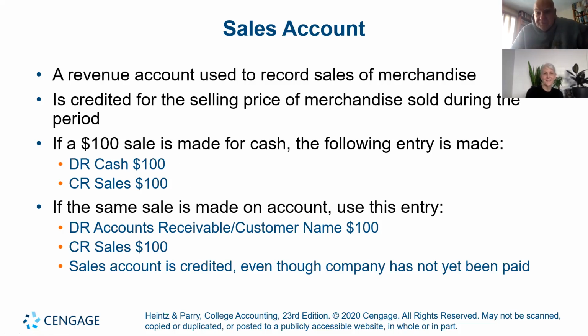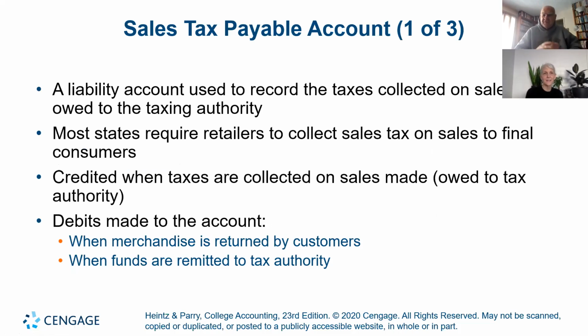All right. Sales tax payable. This is a liability account. It's used to record the sales tax collected on sales that the company now owes to the state of California.